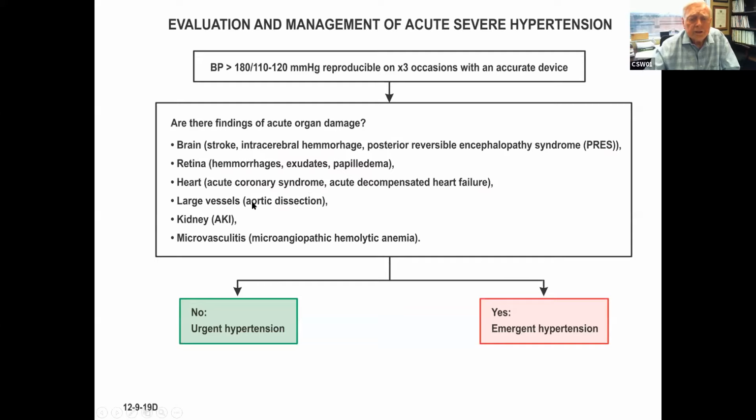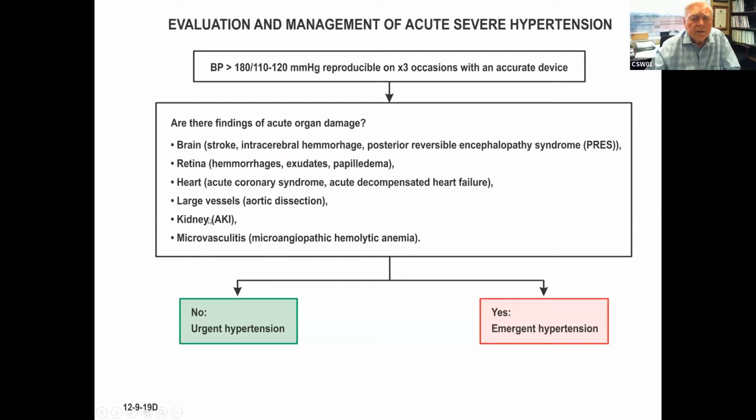In large vessels, aortic dissection, very important, we'll deal with that. In the kidney, acute kidney injury. And in the blood vessels themselves, evidence of vasculitis, usually a microangiopathic hemolytic anemia with schistocytes. Again, we'll say more about each of these.